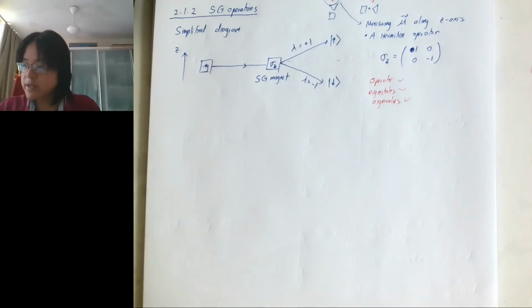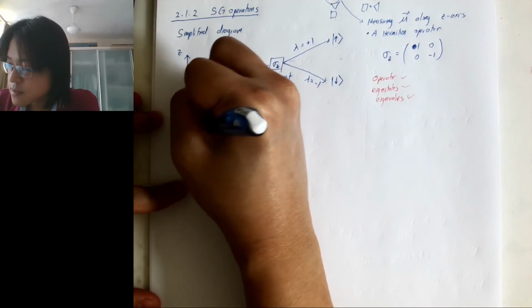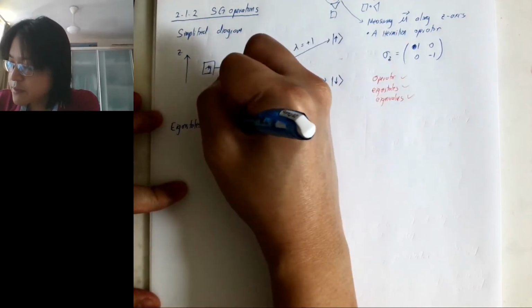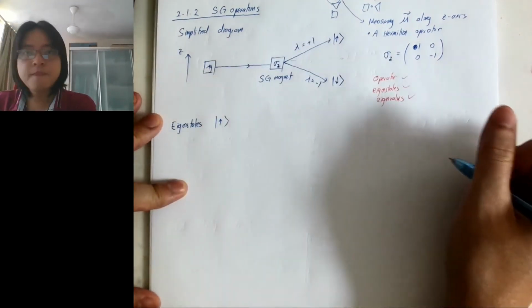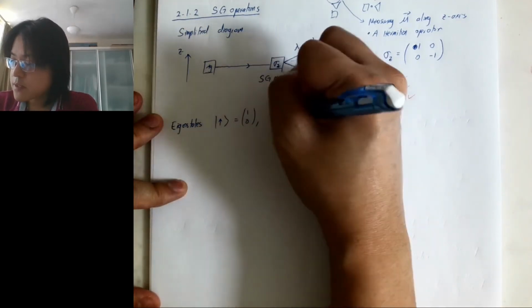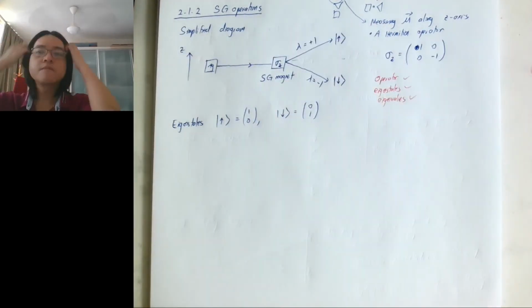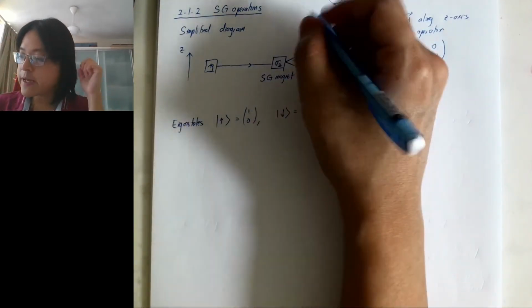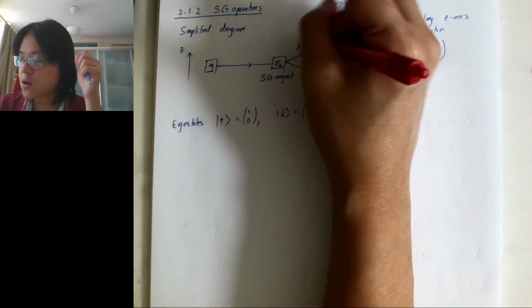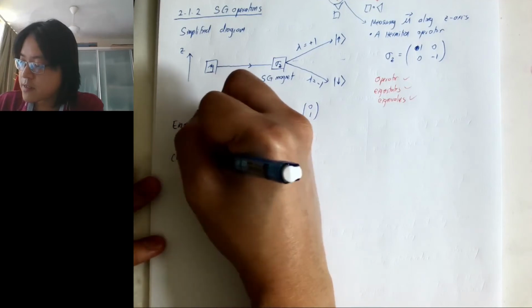Okay, so the eigenstates, let me write this out explicitly. One is 1 0, and the other eigenstate is 0 1. Then we can actually check that these are the correct eigenvalues. Let's check the eigenvalue equations.